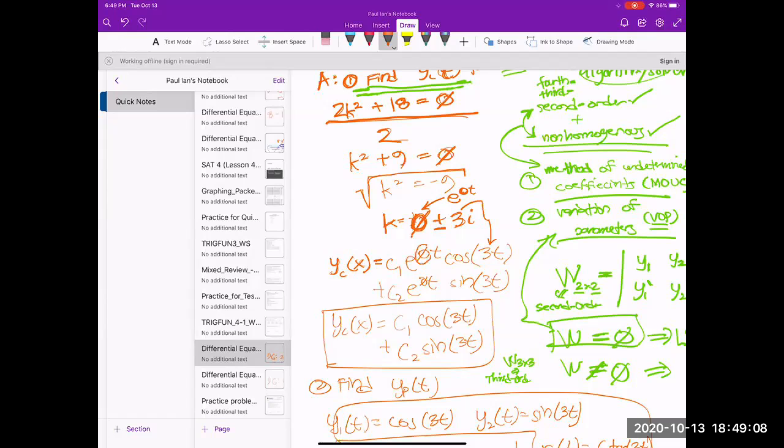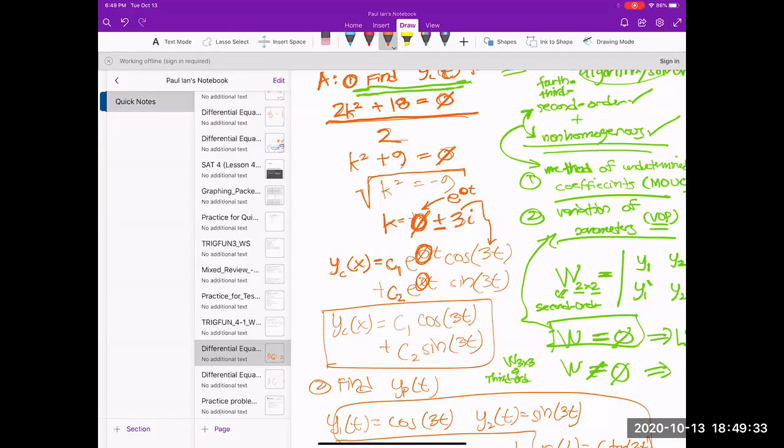It's the term in front of what you're raising the exponential to. Since it's the second derivative, you would have two arbitrary constants here, C1, C2. Okay, so the e to the 0t cosine 3t.